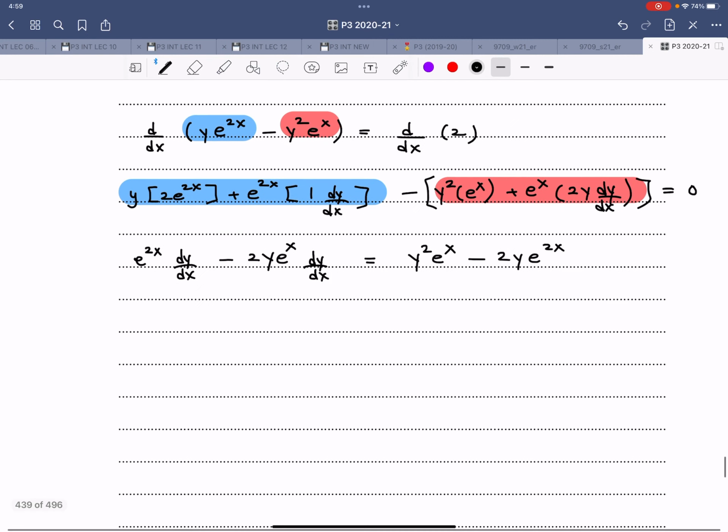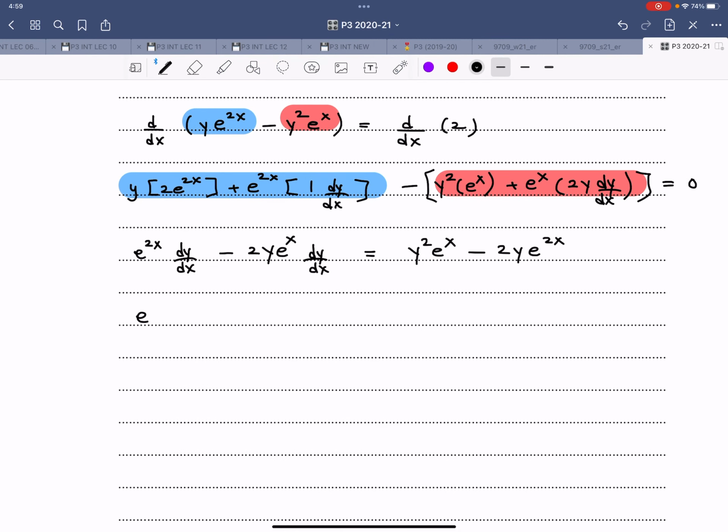So now dy by dx common out on the left hand side. And this is e to the x minus 2y e^x. And this is y square e^x minus 2y e to the x.